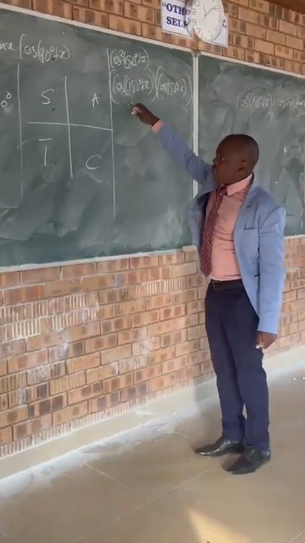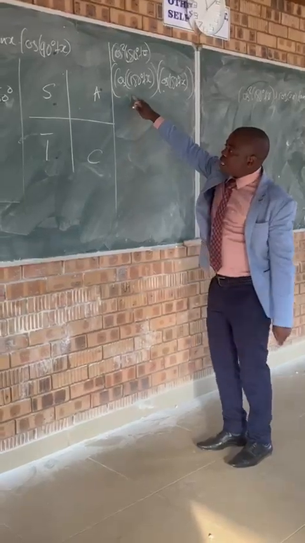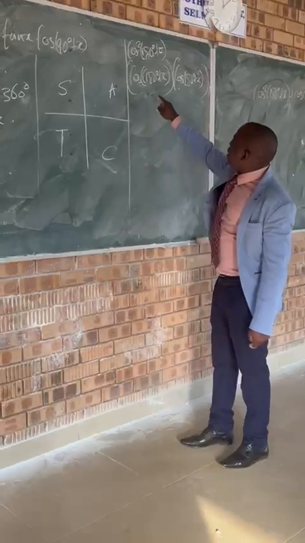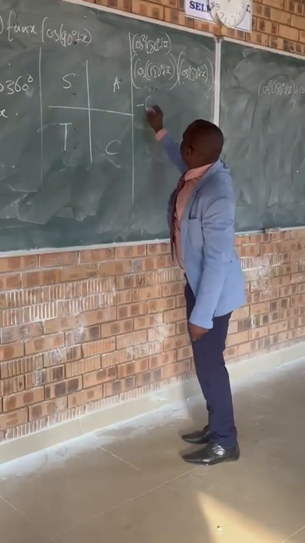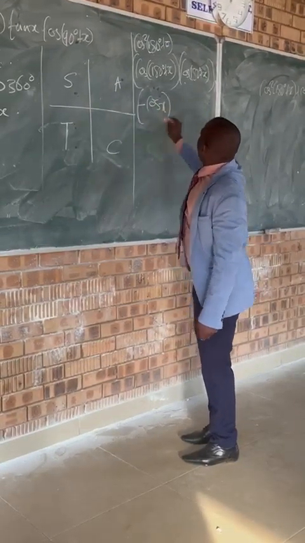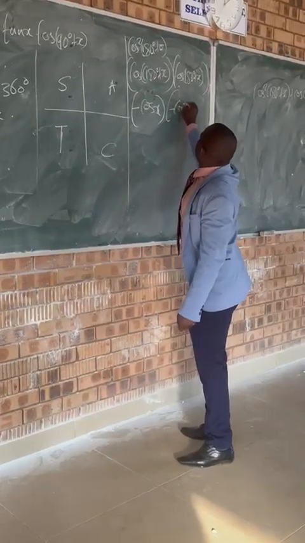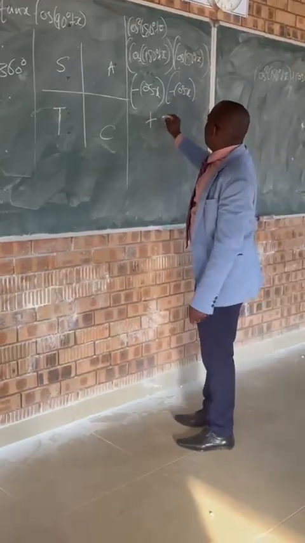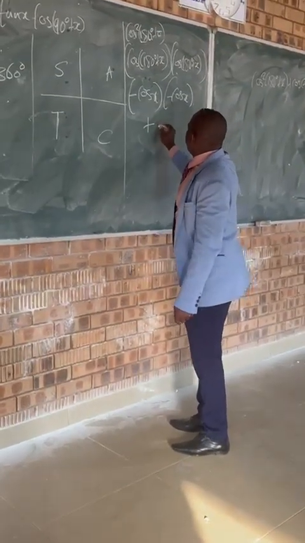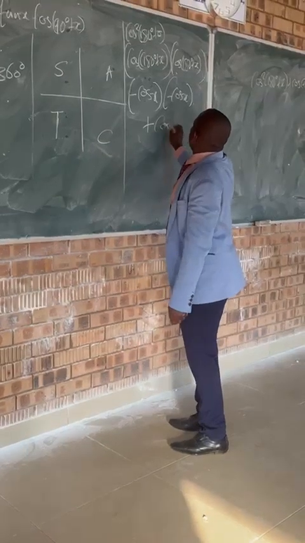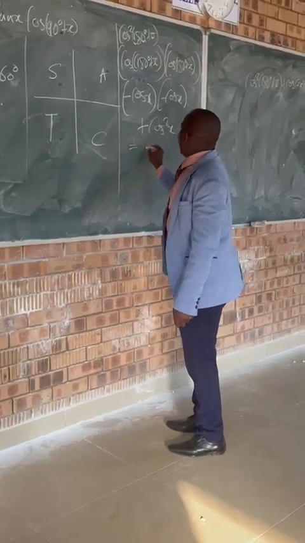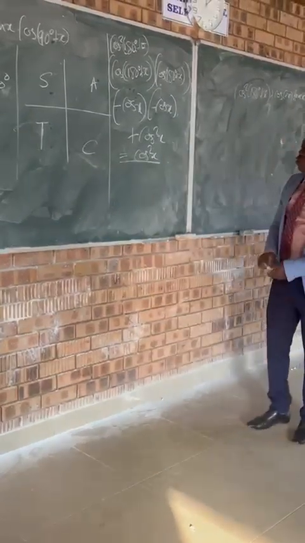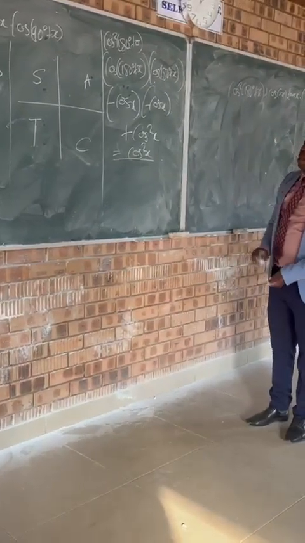In the third quadrant, only tan is positive, so cos is negative. We are dealing with a negative cos x multiplied by another negative cos x. Negative times negative is positive, and cos times cos gives cos squared x.